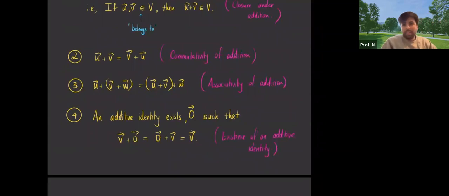So as you can tell, this is a much more generalized version of what we've been looking at so far. Now we're applying these properties of addition, but now we're extending them to vectors. So we want commutativity of addition, associativity of addition, and the existence of an identity element.